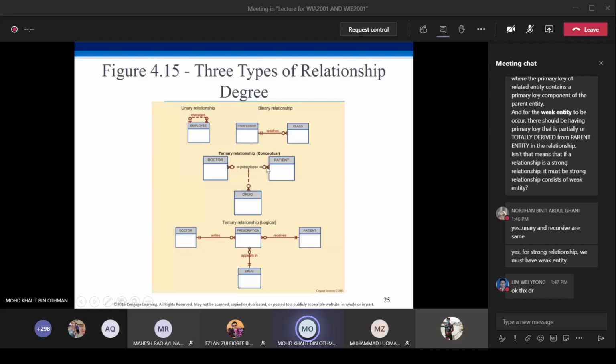A patient may receive one or more prescriptions. A drug may appear in one or more prescriptions. So this third diagram shows the ternary relationship among three different entities.